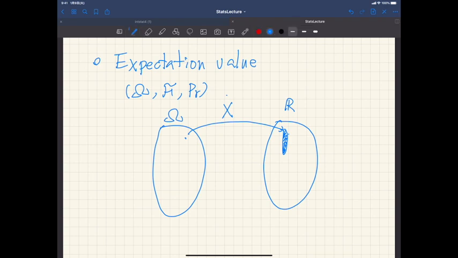Then we take the inverse image of this interval.